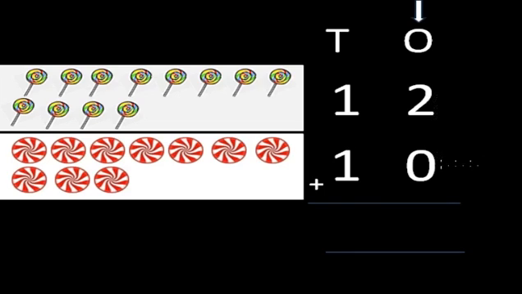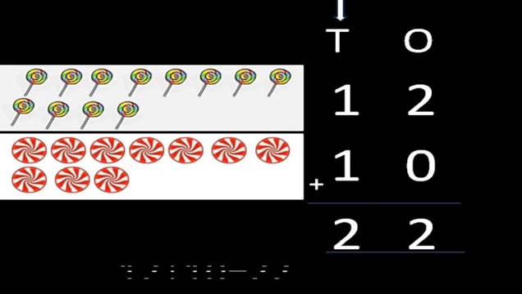Write 2 under ones column. Now we move to add the numbers in the tens column. 1 plus 1 is 2. Write 2 under the tens column. Therefore, 12 plus 10 is equal to 22.